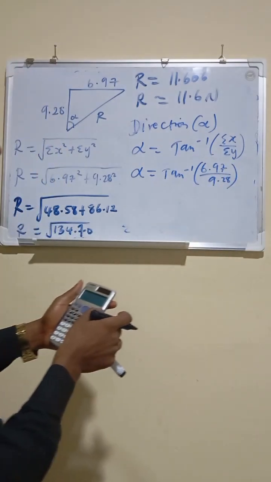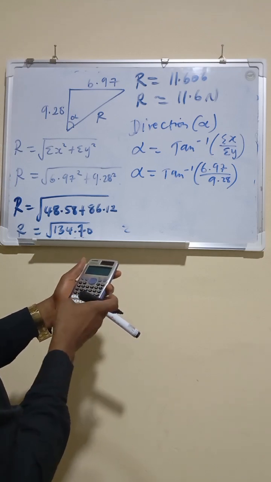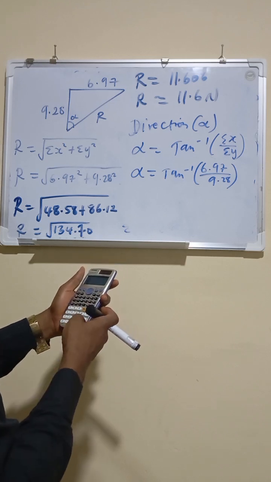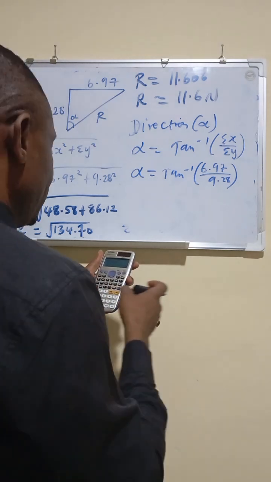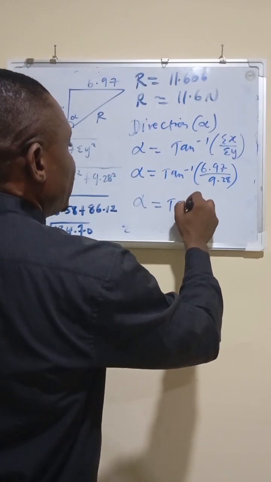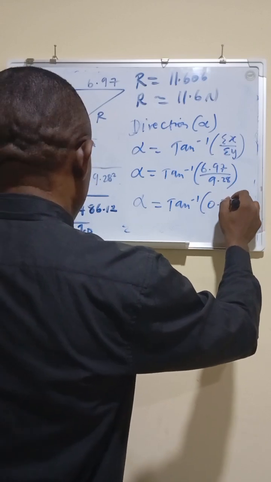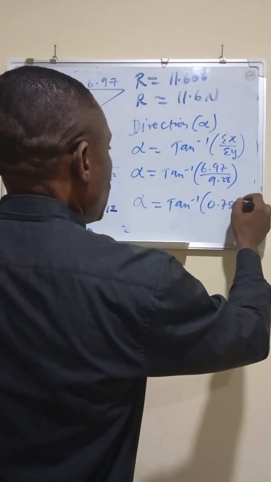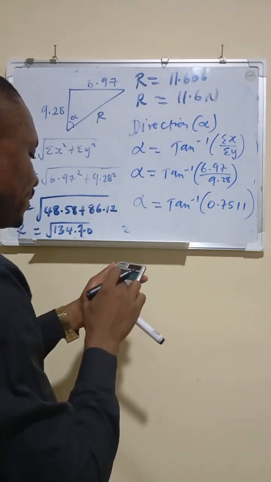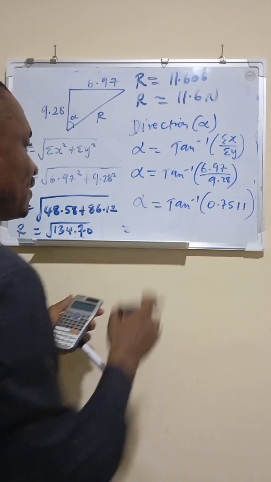When I divide this, I have tan alpha equals approximately 0.7511.